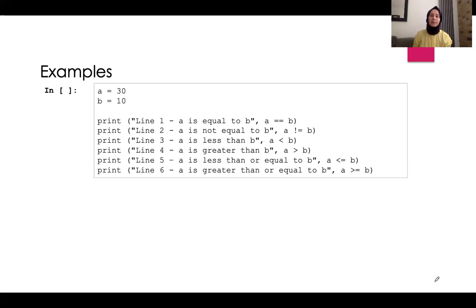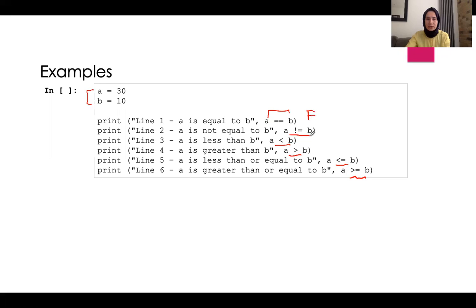Let's look at them in this example here. Basically, we have all these operators: equal, not equal, less than, greater than, less than or equal to, greater than or equal to. We have two variables, a equals 30, b equals 10. When we run this piece of code, a equals b will produce false.